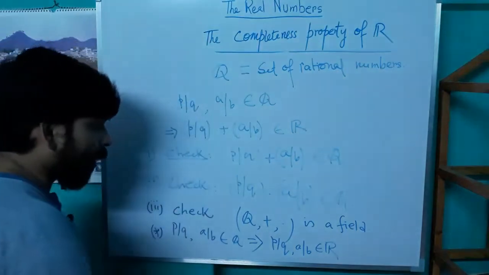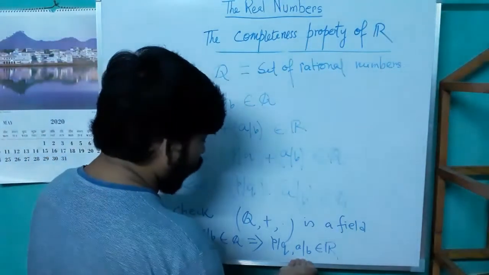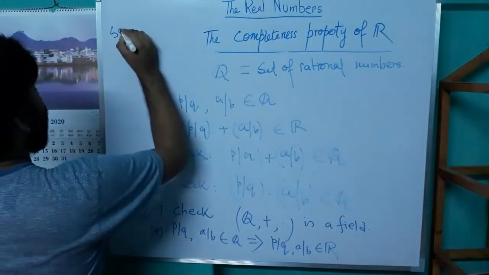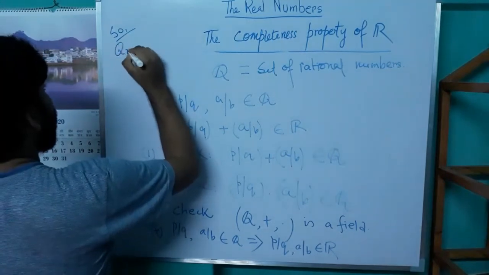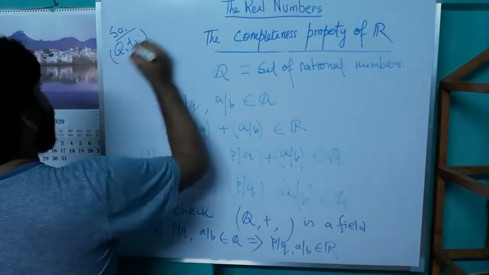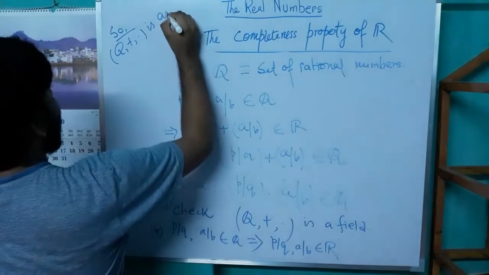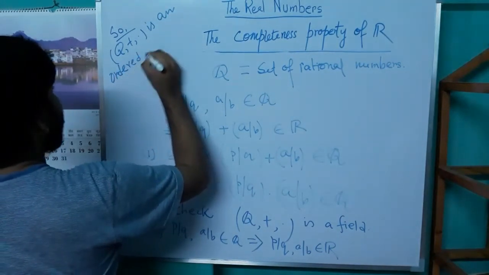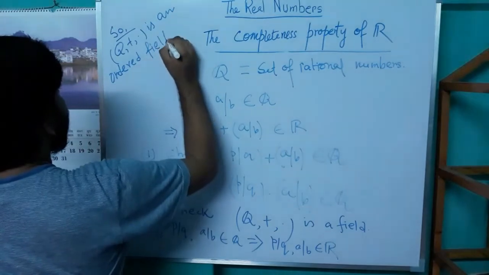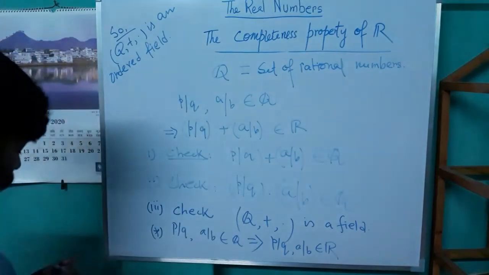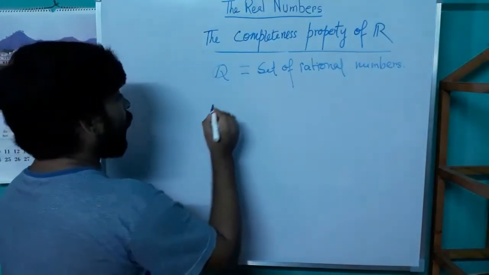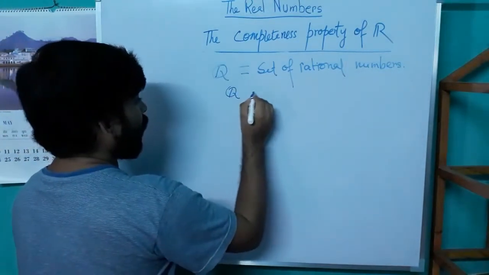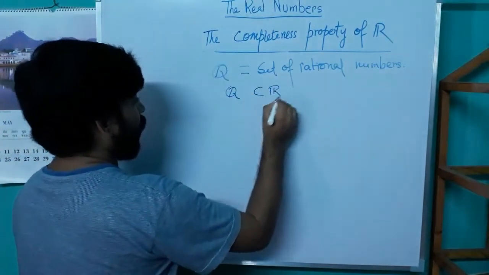Similarly, we can apply the law of trichotomy here. So Q with plus and dot is an ordered field.